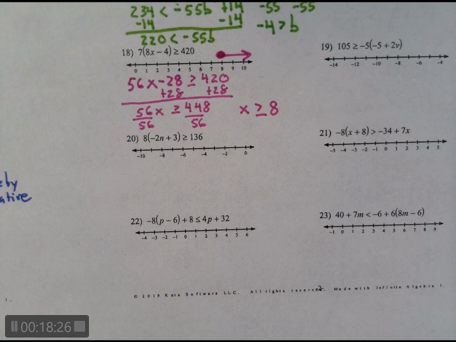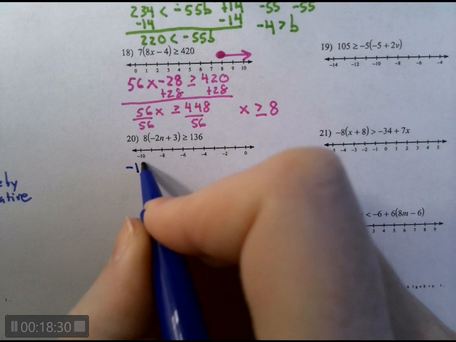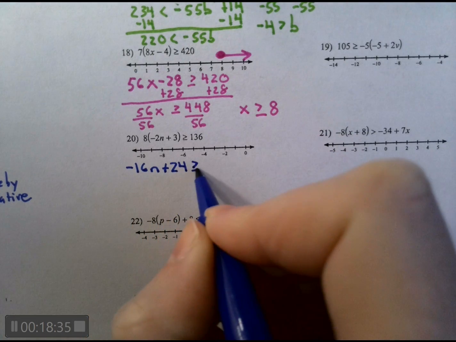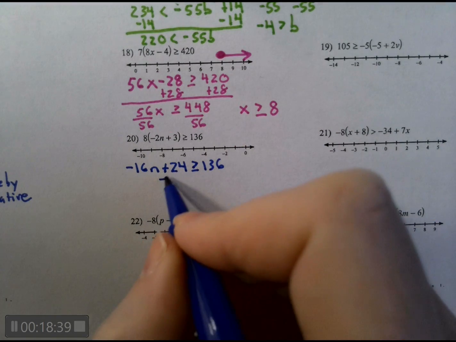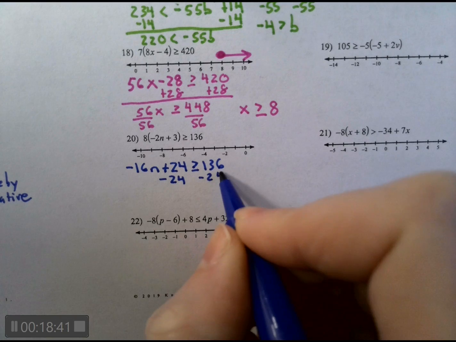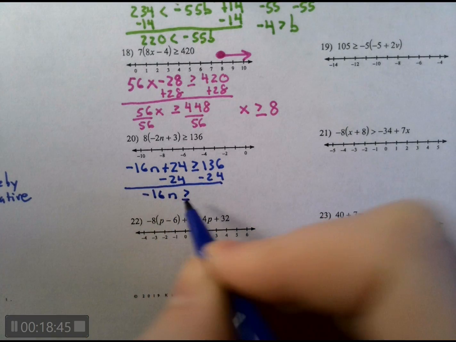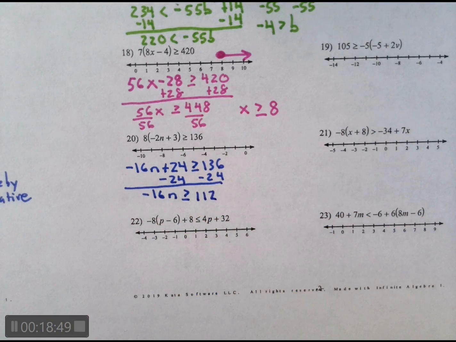Alright, next one. We got to distribute our 8. So negative 16n plus 24 is greater than or equal to 136. We're going to subtract 24 from both sides to get negative 16n is greater than or equal to 112.